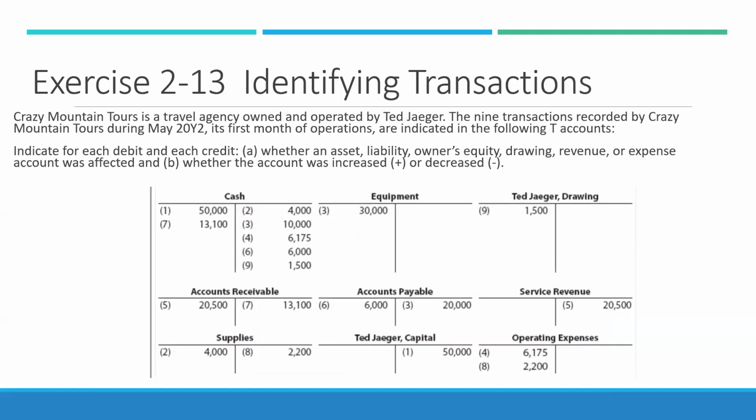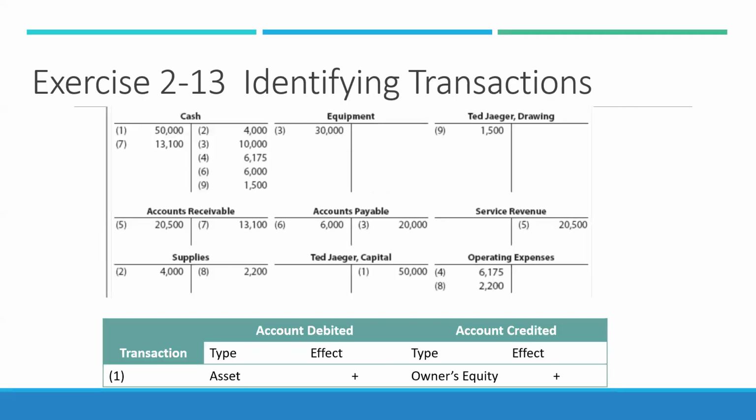Indicate for each debit and credit whether an asset, liability, owner's equity, drawing, revenue, or expense account was affected and whether the account was increased or decreased. So in number 1, do you see a debit of cash of $50,000? And do you see a credit to Ted Jaeger for $50,000?